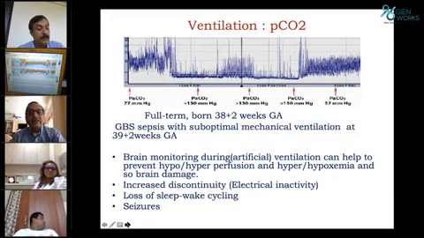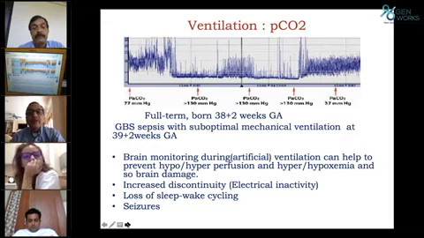Initially the trace looks normal, and then there's a sudden depression with a low voltage pattern, then some burst suppression activity, with your CO2 at over 130, and it stays over 130 for a long period of time.